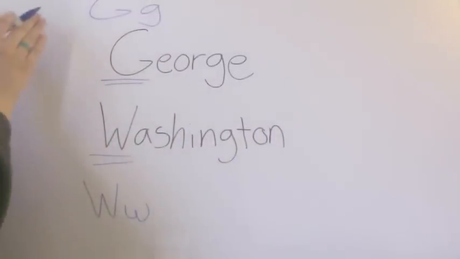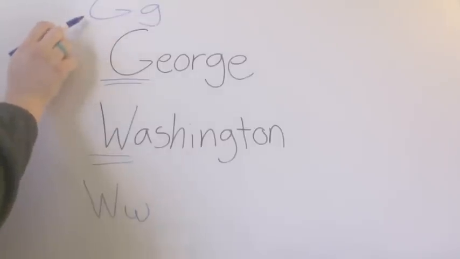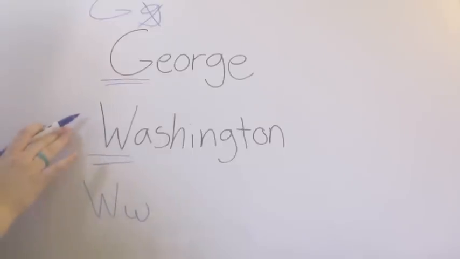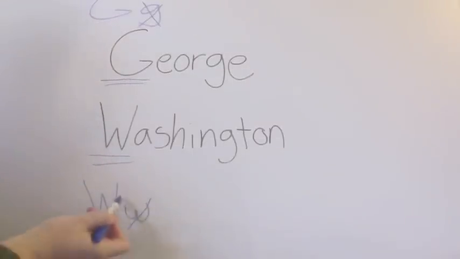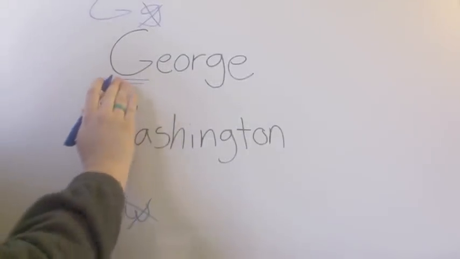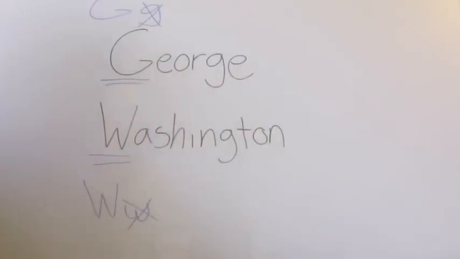So, in George, always the big G, not the little g. And for Washington, always the big W and not the little w. So for pronunciation, you have George, which means you're going to do the j sound.